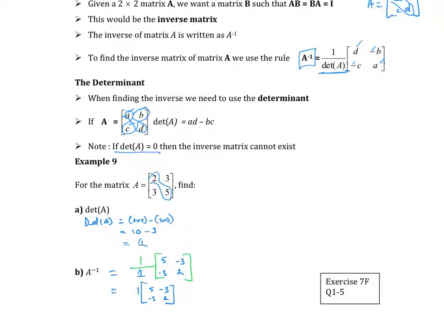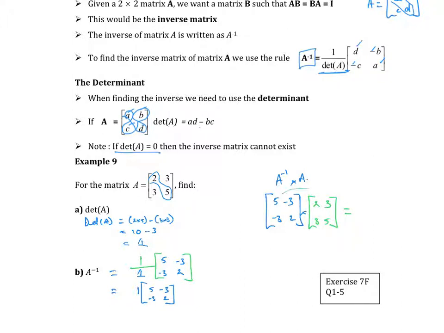So what that means now, the property that that has is if I decide to do A inverse times A, I'm going to have 5, negative 3, negative 3, 2 times the A matrix, which is 2, 3, 3, 5. What does that equal?